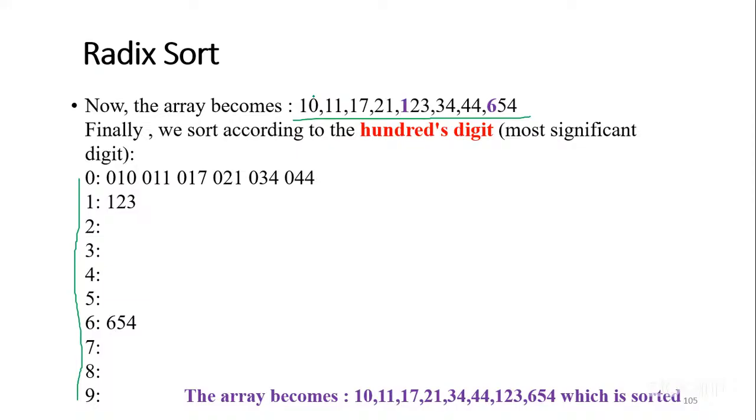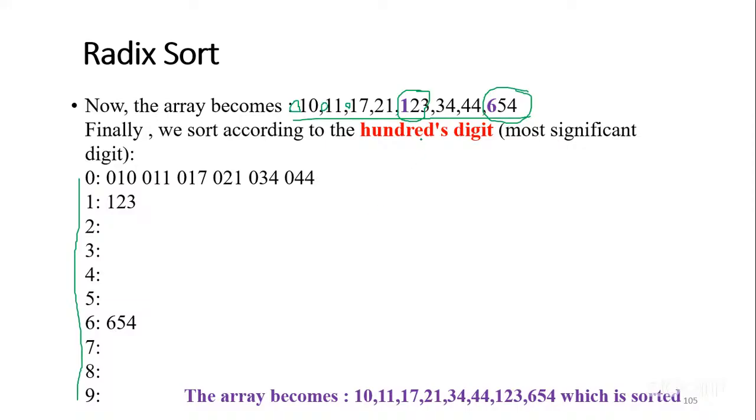Identify the numbers where you have 0 in the hundreds position. Actually, we have only two numbers, 123 and 654, that have a hundreds position. The remaining numbers have only units and tens positions. That's why we need to add a 0 before the numbers that don't have a hundreds position.